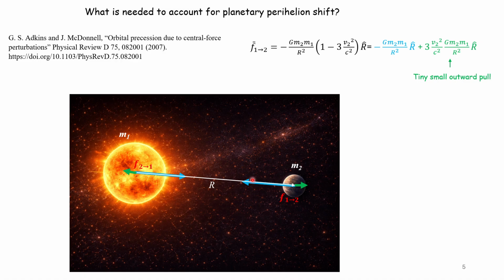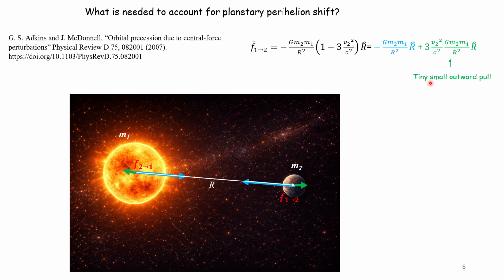So we have the Sun and Mercury, and this is not drawn to scale. Mercury is much smaller, and you know Mercury is orbiting at about 100 solar radii from the Sun. So it's much farther away. This green force here is much smaller in reality than in the picture.